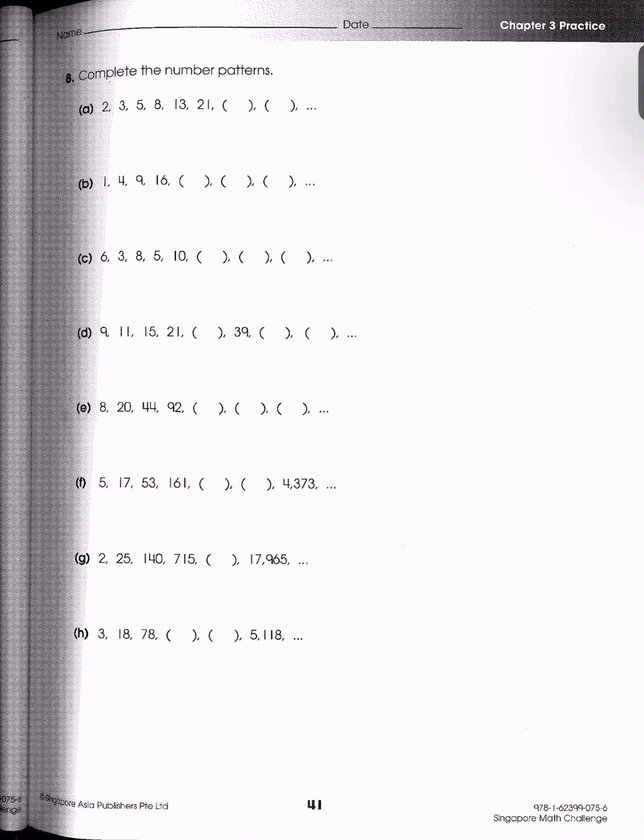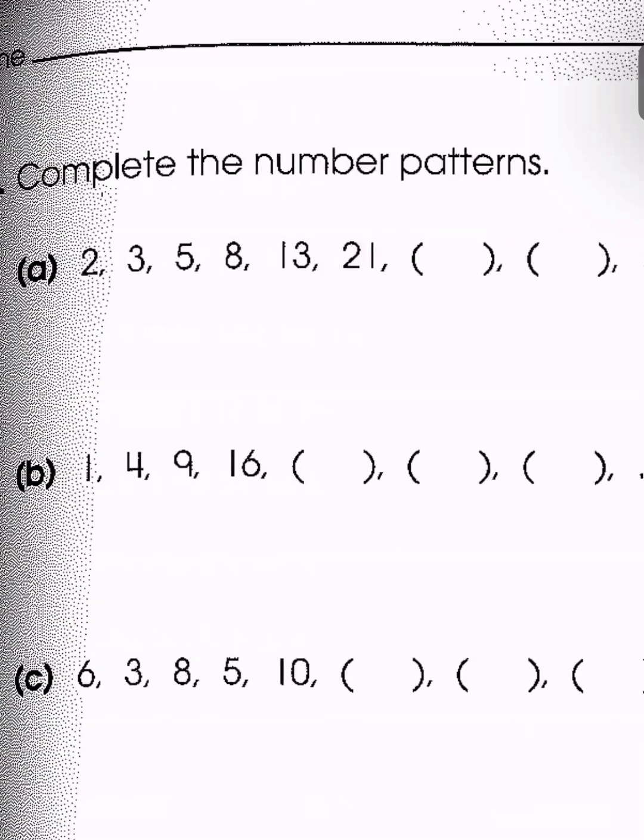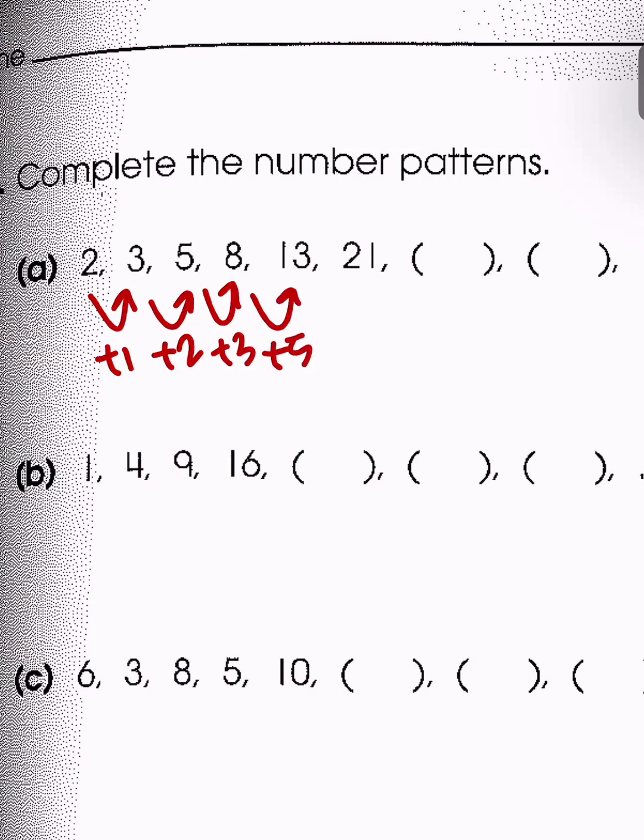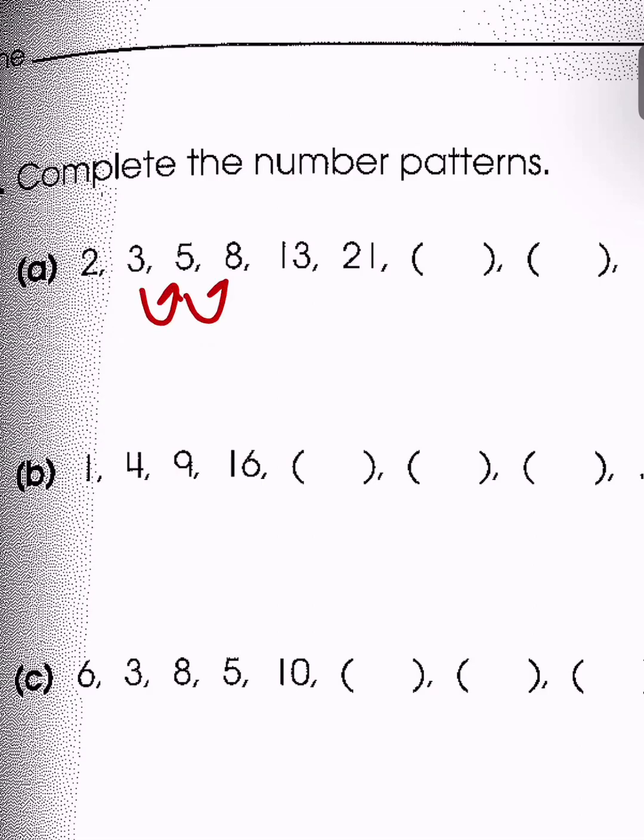So it says complete the number patterns, and so now we're adding 1, 2, 3, but then now we're adding 5. So instead of thinking it like that, we're going to think of it as we add 2, 3, 5, then we add 8.